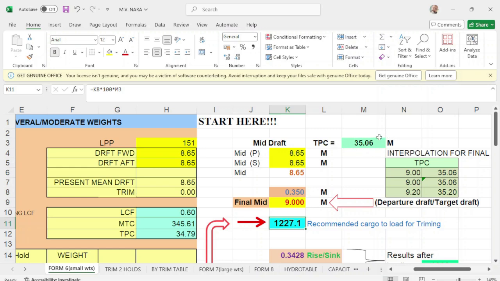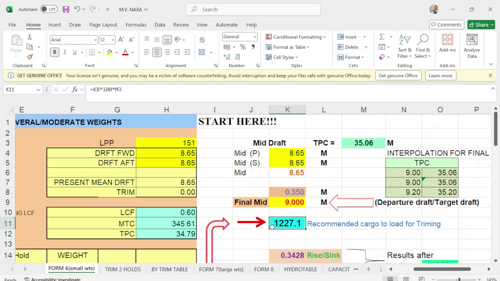Okay, so I really recommend that whatever your final drop, you interpolate the TPC, and the result will be your TPC of 3506.